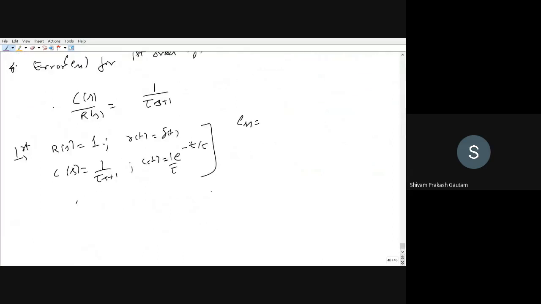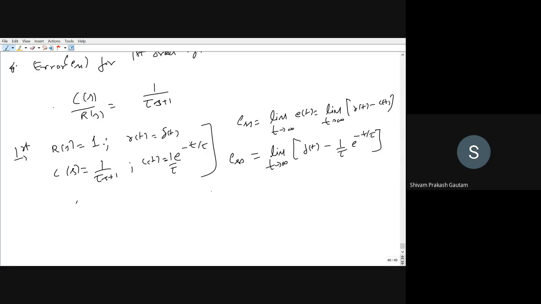ESS will be equal to the limit as t tends to infinity of e(t), so the limit of R(t) minus C(t). This formula is only valid for a unity negative feedback system, meaning the feedback gain is 1. So this equals the limit as t tends to infinity of delta t minus 1 upon tau e to the power minus t by tau. So this is our ESS.